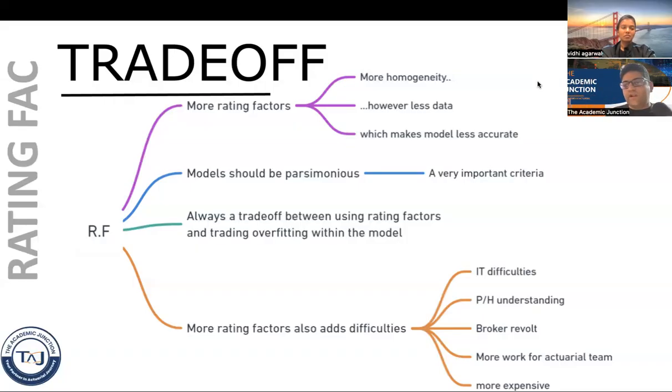At the end of the day, if there are too many rating factors, if there is too much data that's required in the proposal, it's just not going to fly. So the model that you come up with is not going to generate the business that you think it's going to generate.